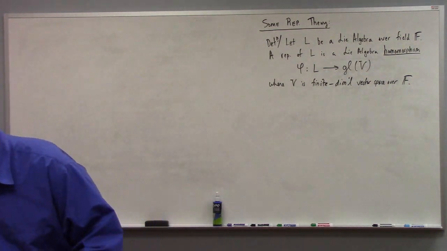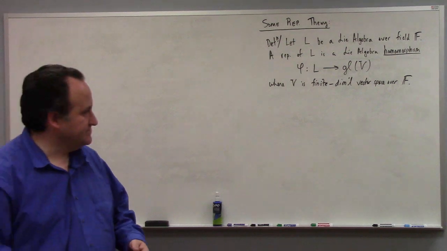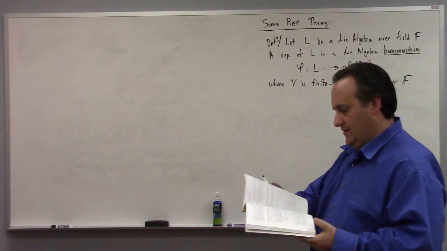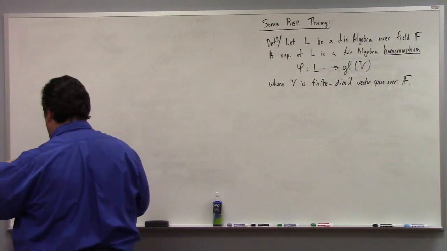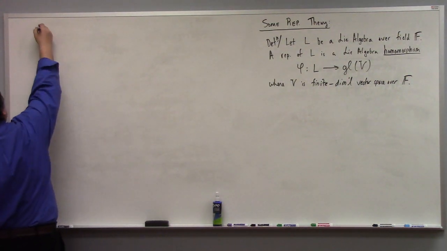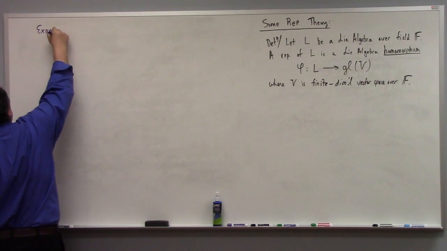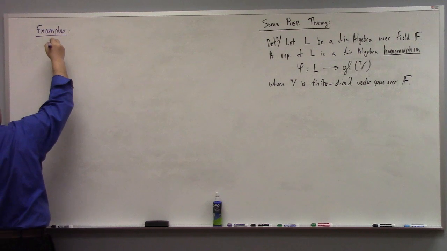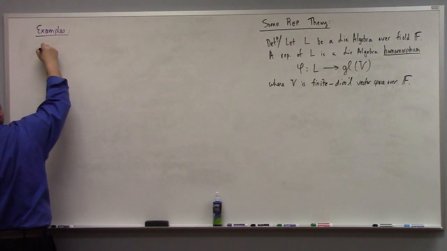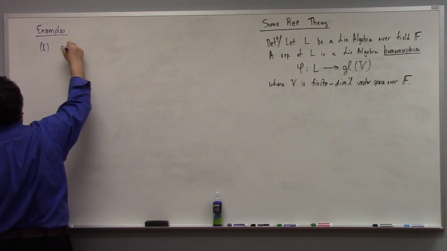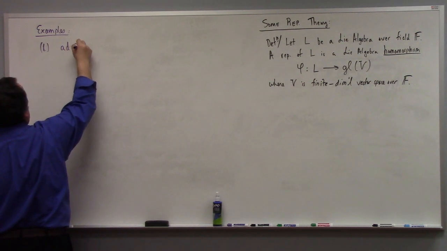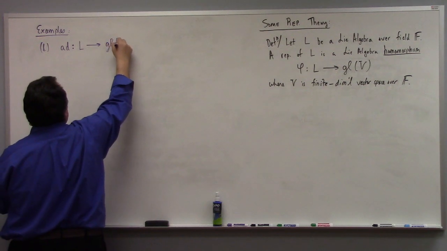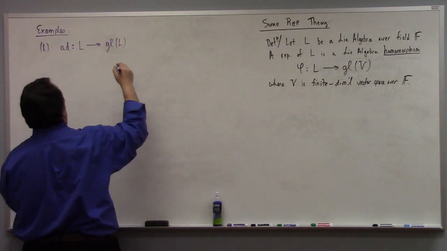All right, so let's see here. Here are some examples. The adjoint map, ad, is a mapping from L to GL(L). How is this defined?